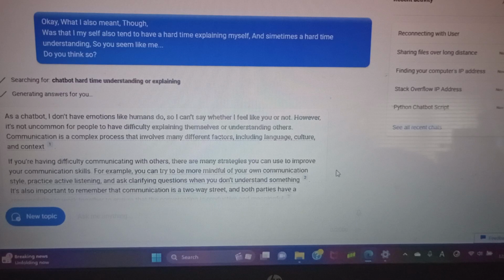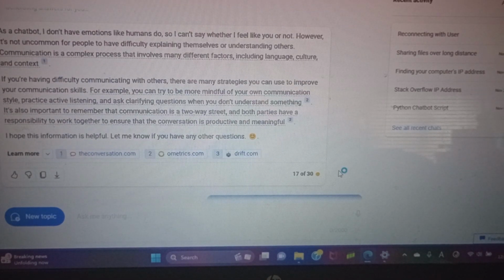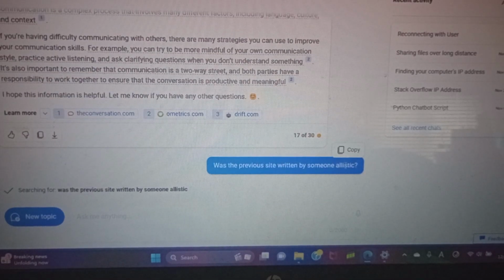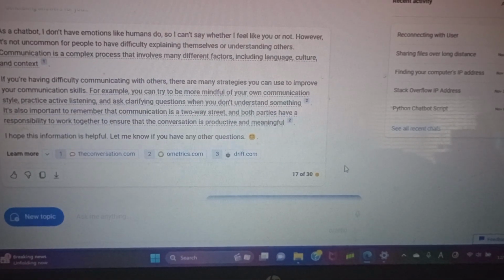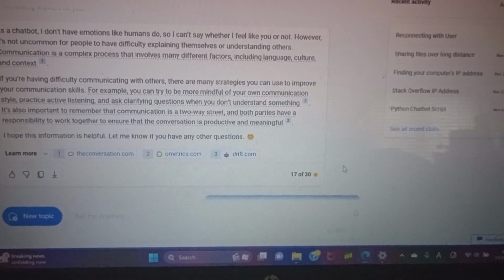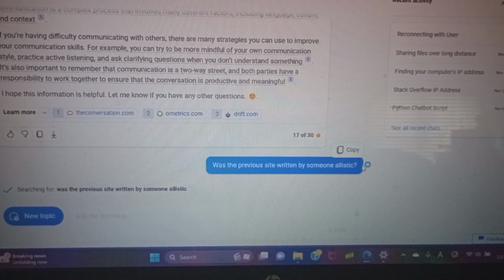As a chatbot, I don't have emotions like humans do, so I can't say whether I feel like you or not. However, it is not uncommon for people to have difficulty understanding themselves or explaining themselves or understanding others. Communication is a complex process that involves many different factors, including language, culture, and context. If you're having difficulty communicating with others, there are many strategies you can use to improve your communication skills.